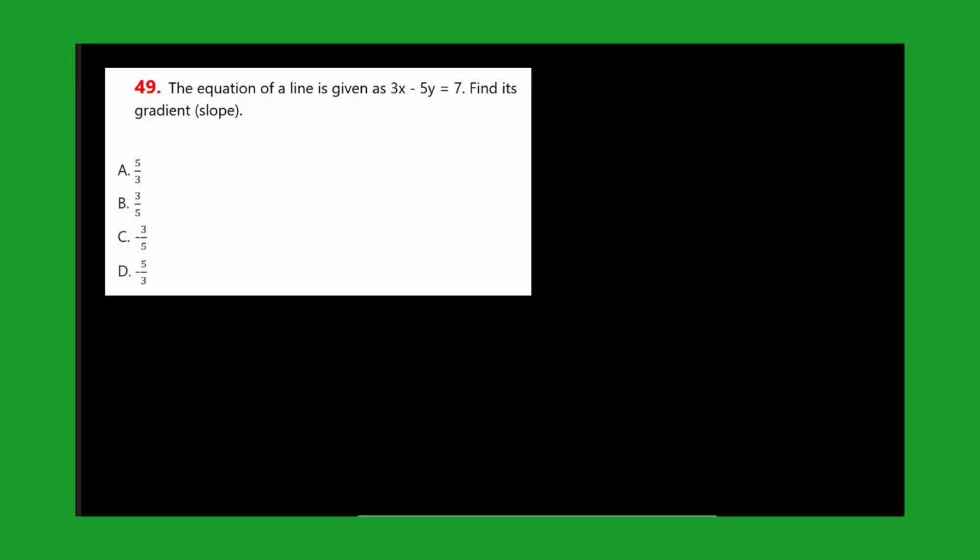From question 49, the equation of a line is given as 3x minus 5y equals 7. Find its gradient.